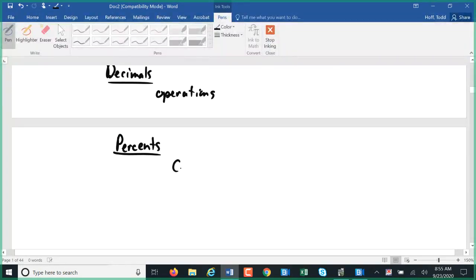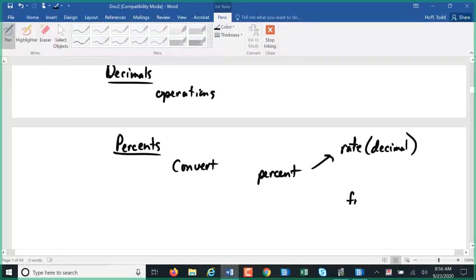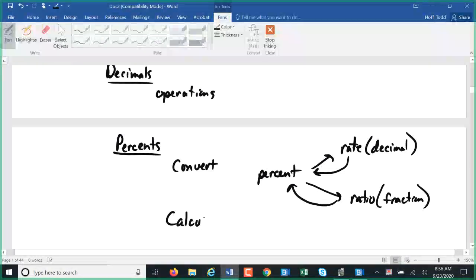You need to be able, again, to convert from a percent to a rate, which is just the decimal form, or to a ratio, the fraction form. And then, of course, back from rate back to percent and from ratio back to percent. And, of course, to calculate percents.